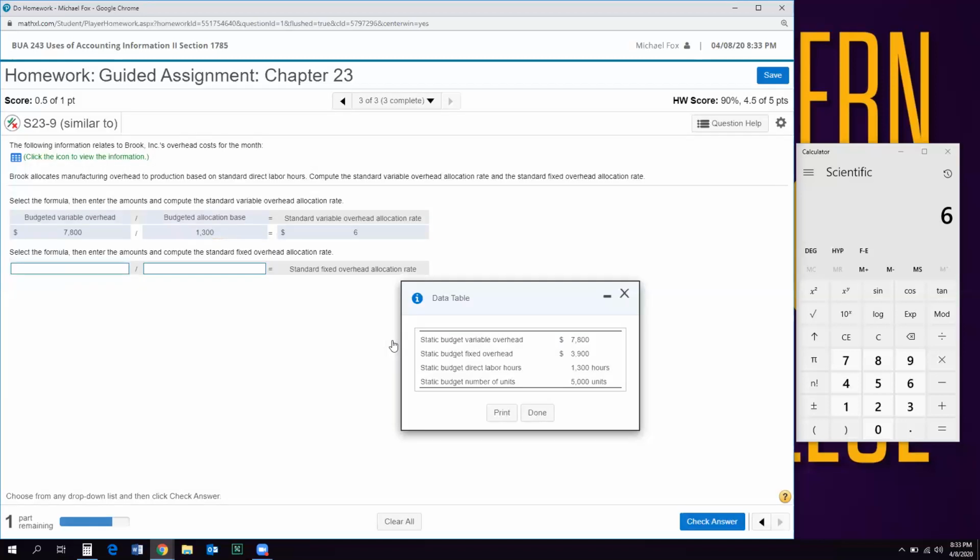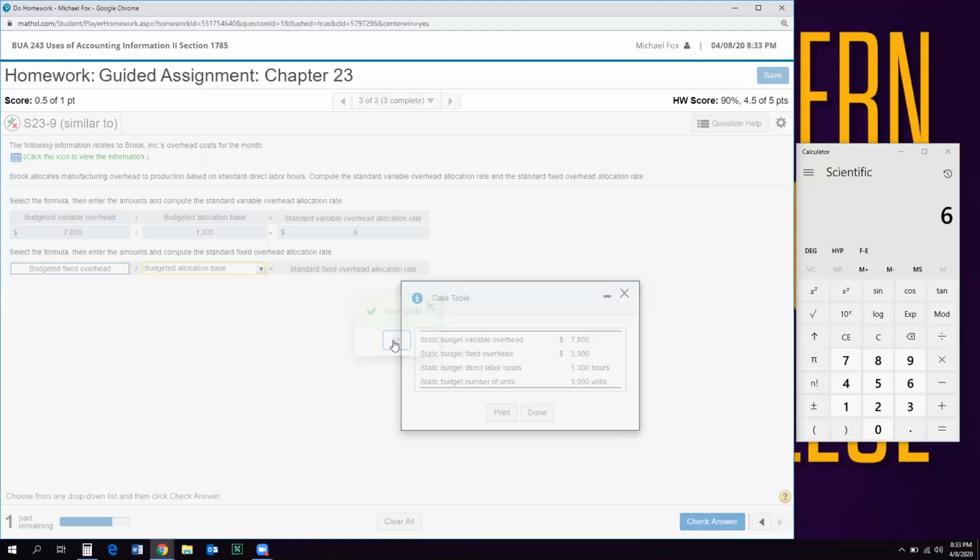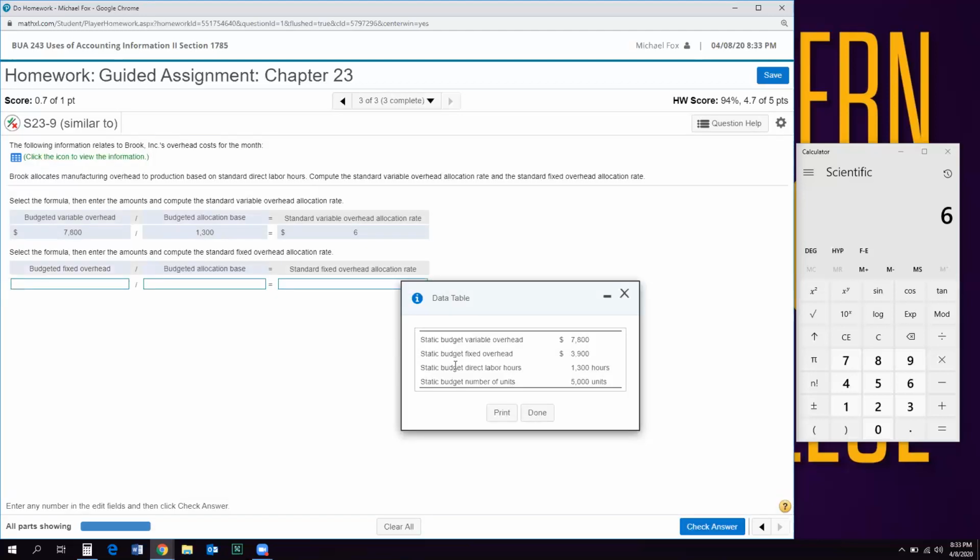Now we have to do the formula for our fixed overhead allocation rate, which is the budgeted fixed overhead divided by the budgeted allocation base. And then our budgeted fixed overhead is $3,900.